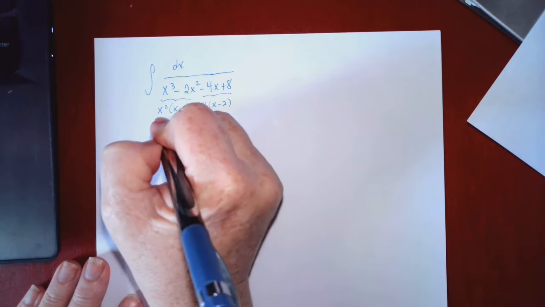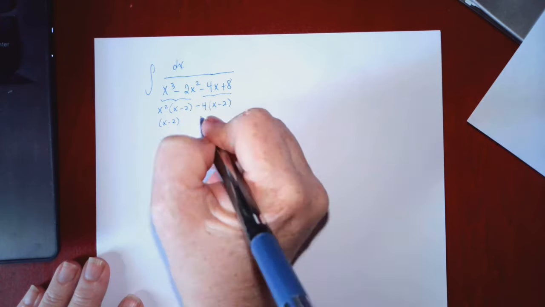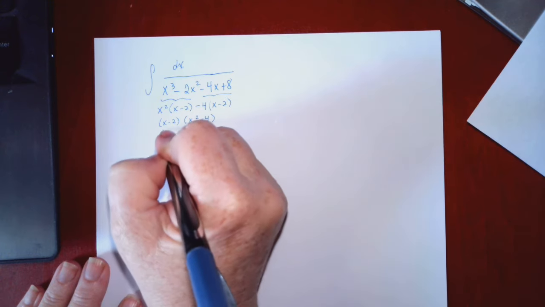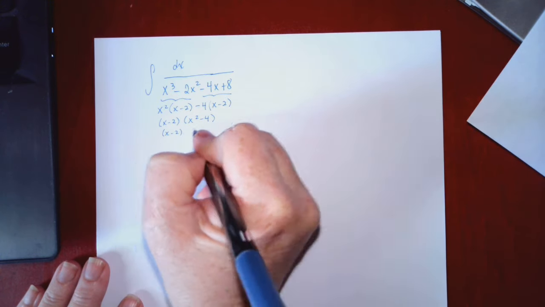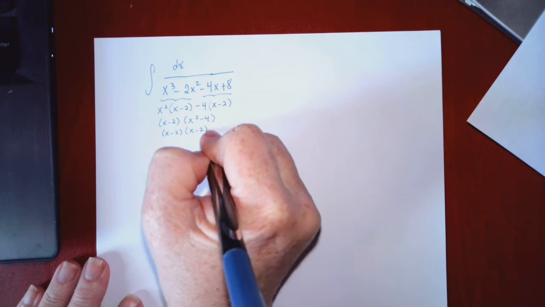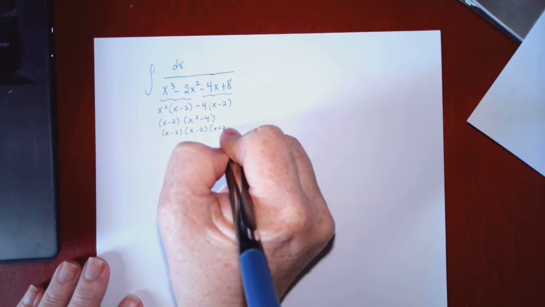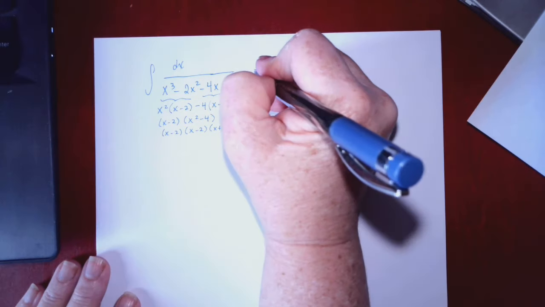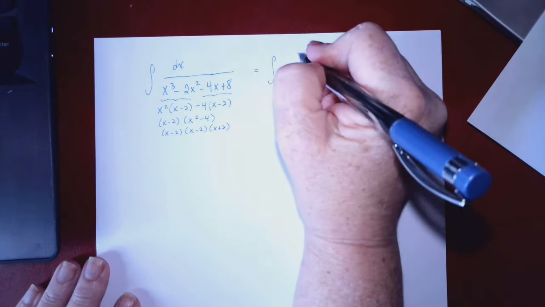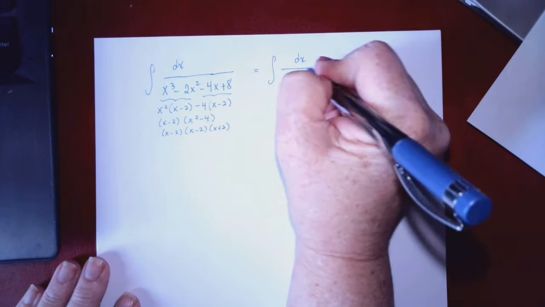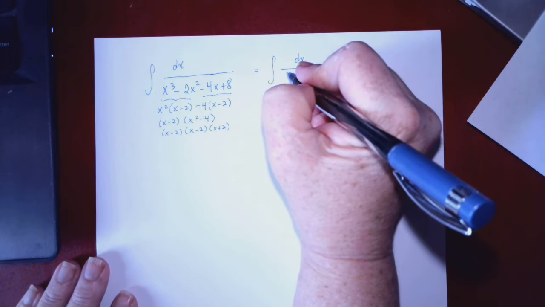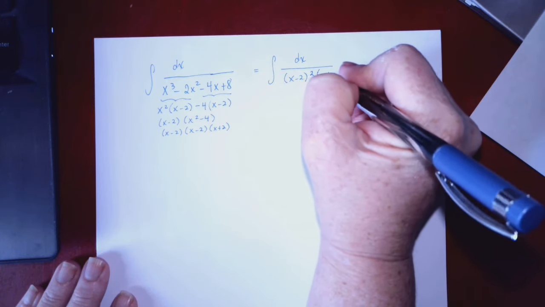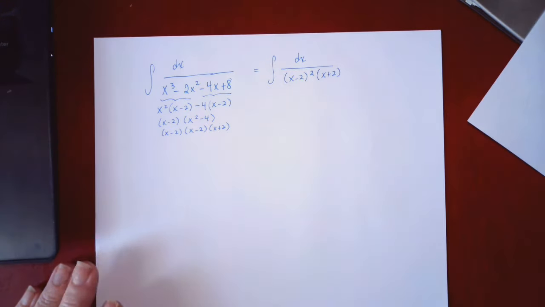So that would be x minus 2 times x squared minus 4, which is x minus 2 times x minus 2 times x plus 2. Or this fraction could be rewritten as dx over x minus 2 squared times x plus 2.